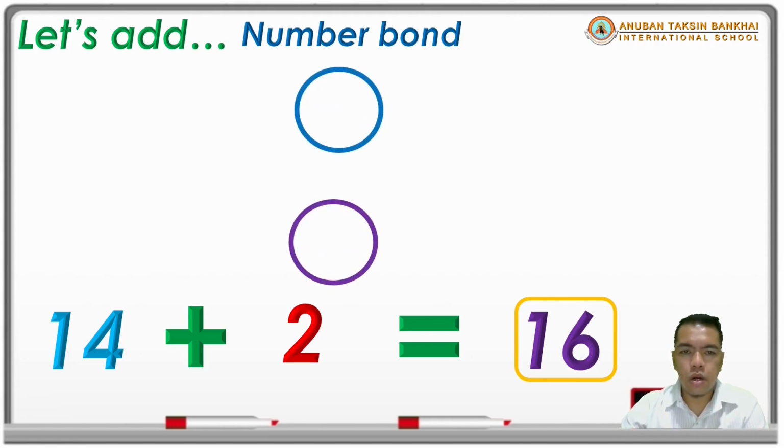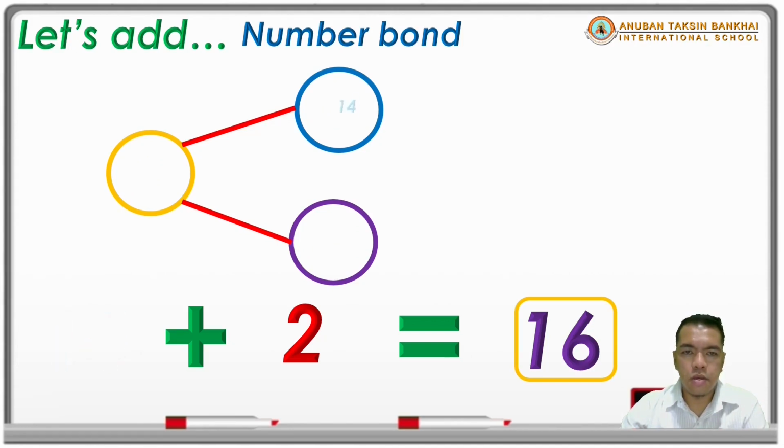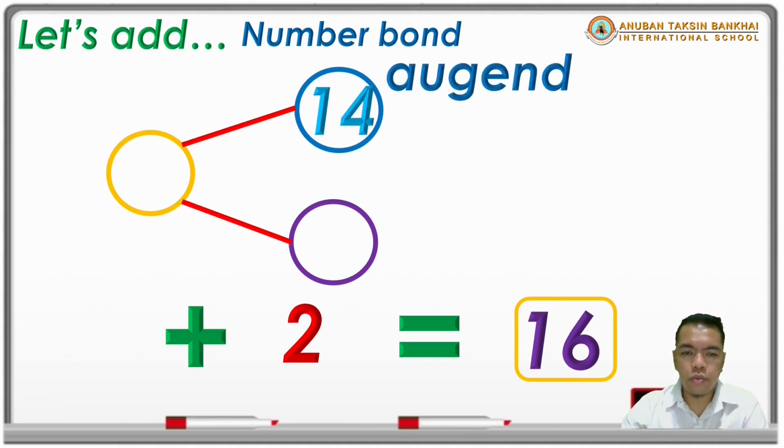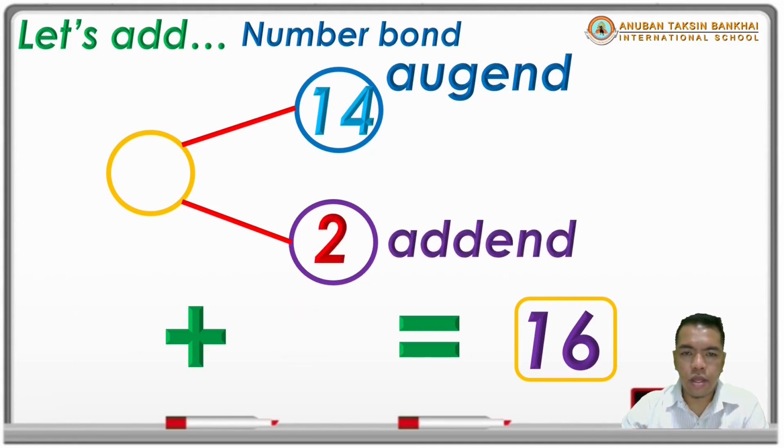Let's draw our two parts and a whole connected by two lines. We can write our addend on the first part. Then we can also put our addend on the second part. 14 and 2 makes 16.